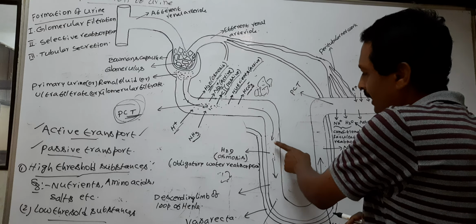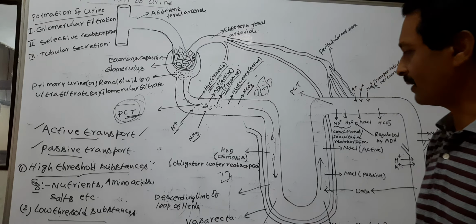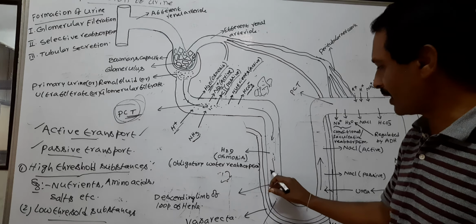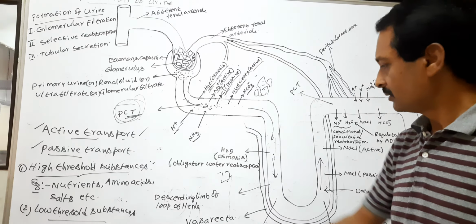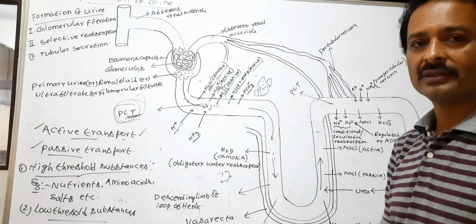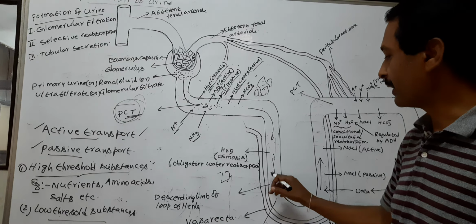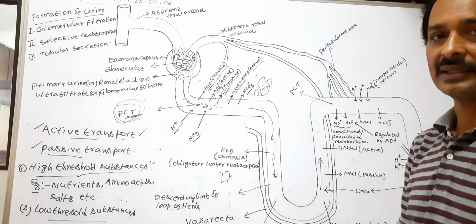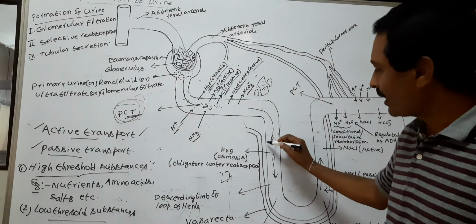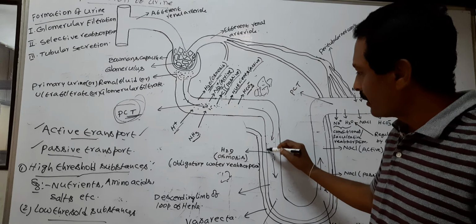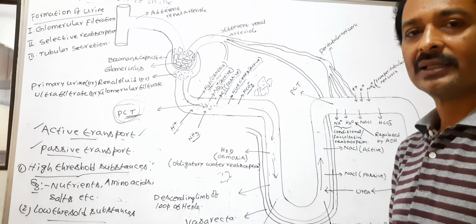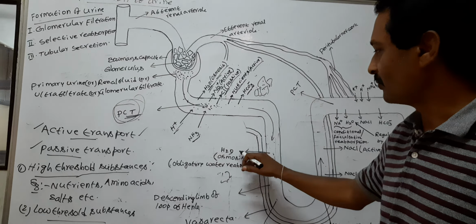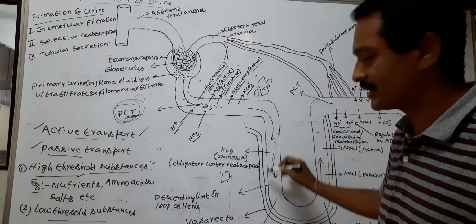The ions are not reabsorbed through the wall of the descending limb because it is impermeable to ions. So the wall of the descending limb of the loop of Henle reabsorbs the water continuously.